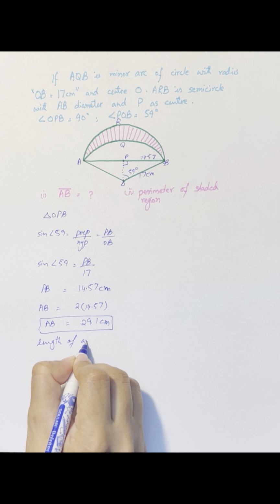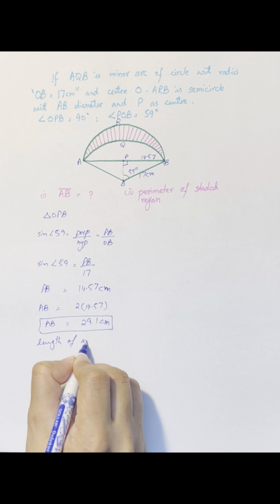We know that this angle is 59 degrees, so this is also 59 degrees. 59 plus 59, angle AOB equals 118 degrees. So 118 over 360 into 2 into pi into r, where r is 17. Calculating it, we have the answer 35.01 centimeters.